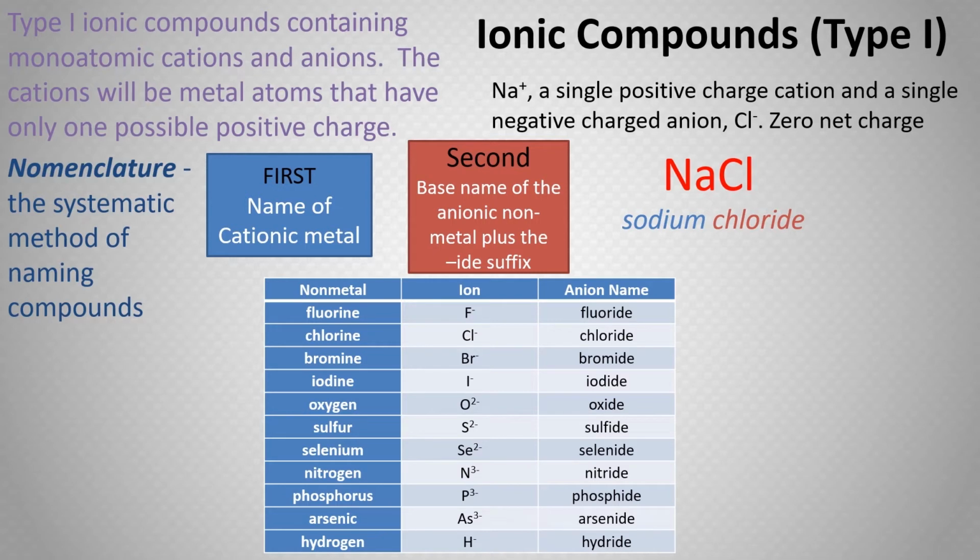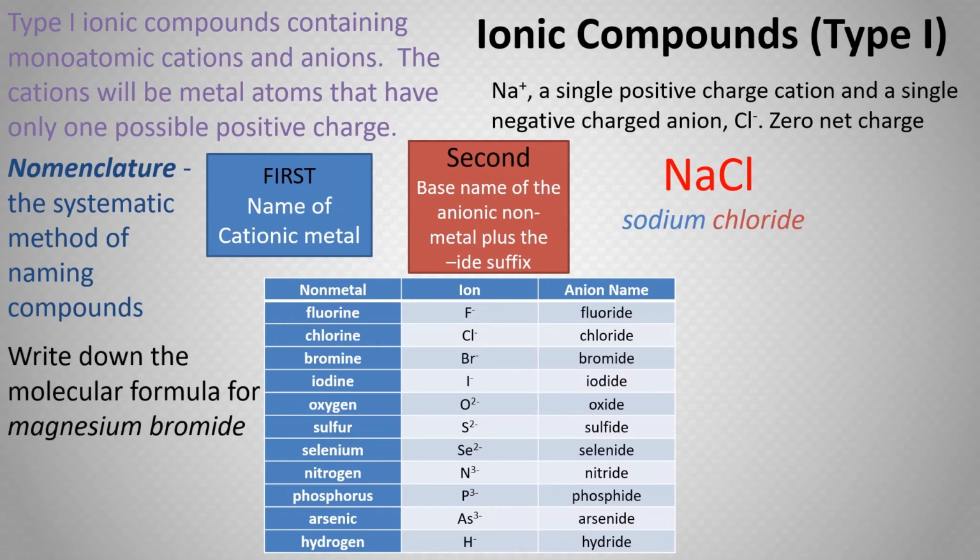We need to be able to go the other way as well, where we hear the compound name and then write the molecular formula. For example, let us write down the molecular formula for the type 1 ionic compound magnesium bromide. We know that the first atom is the cation, and we also know, looking at the periodic table in the previous slide, that an alkaline earth metal, such as magnesium in a compound, will have a +2 charge.